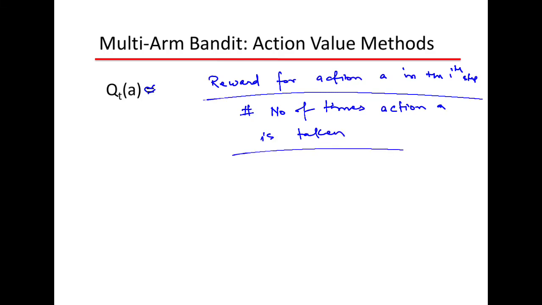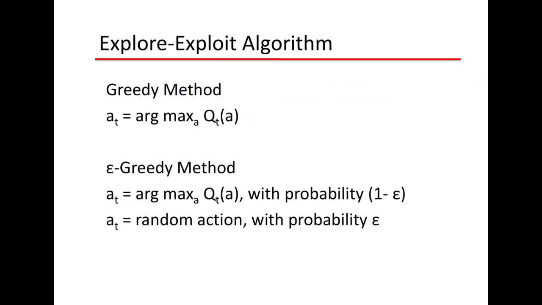So with this we can create some kind of a Q(a). Right now the action a is not dependent on the state, right? But we can create an expected reward. We can get an estimate of the expected reward by updating the Q_t(a).